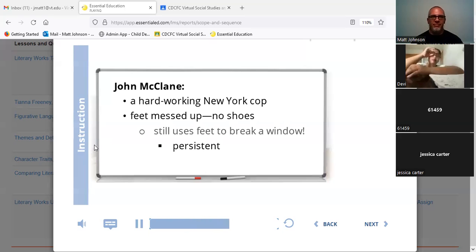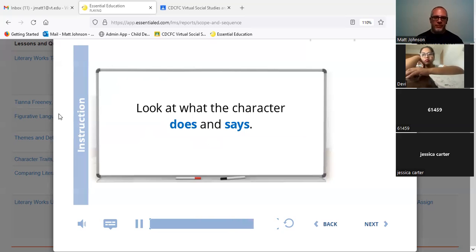And he's brave, because you've got to be brave to break a window with your torn up bare feet. So, do you see what I did? You want to look at what the character does and says. Then ask, if a character does this or says that, what are they like? What words can you use to describe them? I bet you can describe a character's traits pretty well if you try.